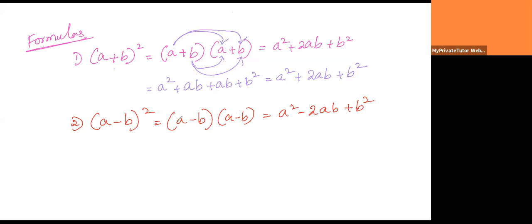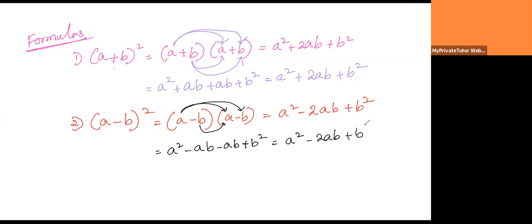Just expand this: a times a is a square, a times minus b is minus ab, and then multiply by minus b: minus b times a is minus ab, and minus b times minus b becomes plus b square. You can see that in between we have minus ab and minus ab, which is minus 2ab, guys. If you're able to remember these formulas, try to remember. Otherwise, it's not a problem. You can just solve it and find the answer.